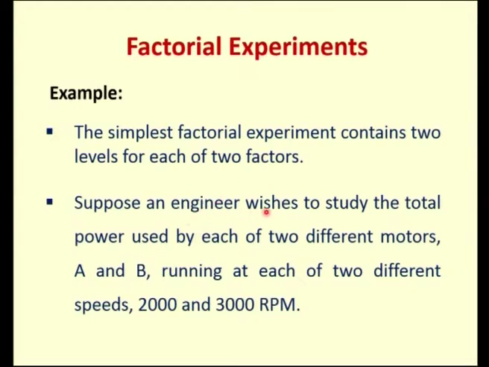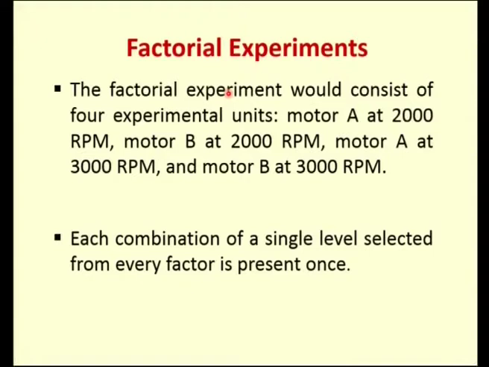And here we have an example for a factorial experiment. Suppose an engineer wishes to study the total power used by each of 2 different motors, say A and B, running at 2 different speeds, say 2000 and 3000 RPM. And the factorial experiment would consist of 4 experimental units, that is motor A and motor B each at 2000 RPM and motor A and motor B each at 3000 RPM.